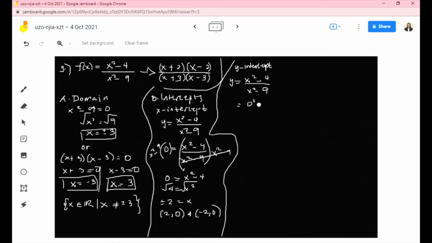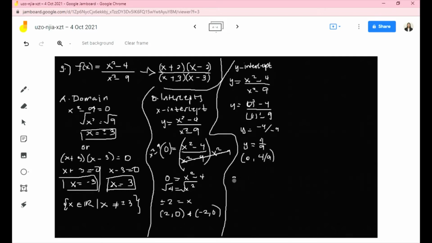This gives us 0 squared minus 4 over 0 squared minus 9. So y is negative 4 divided by negative 9. Both negatives, so the sign is positive. We'll have 4 over 9. This gives us our y-intercept: (0, 4/9).